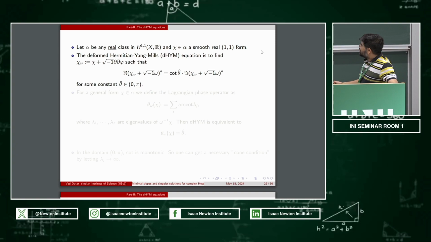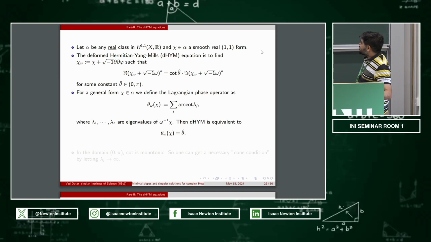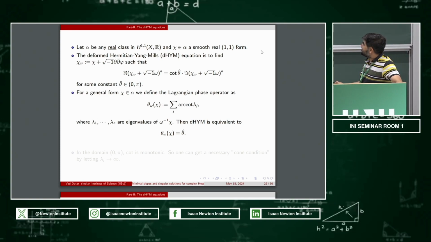I'm always going to assume that my theta hat is normalized so that it's in the range 0 to pi. This is called the supercritical range. For a general form, we define this Lagrangian phase operator as this. From a purely PDE perspective, this equation is slightly better than the other equation. But here it's actually important what choice of normalization you make for theta hat.